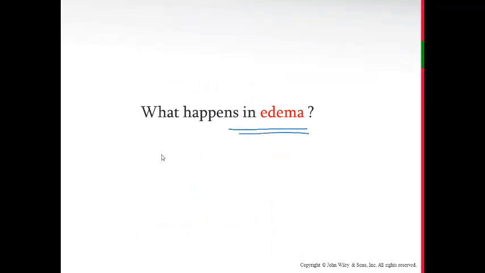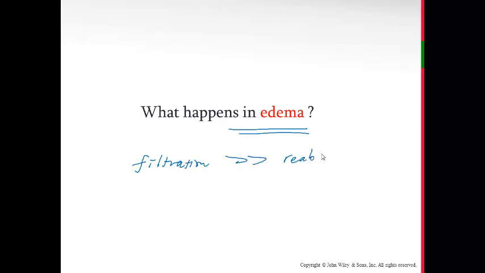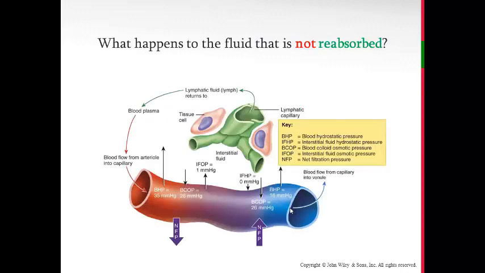This is when filtration wins over reabsorption all the time. So what happens here then? Normally, we said 20 liters comes out and 17 returns, so normally we do have about 3 liters of fluid that is not reabsorbed.